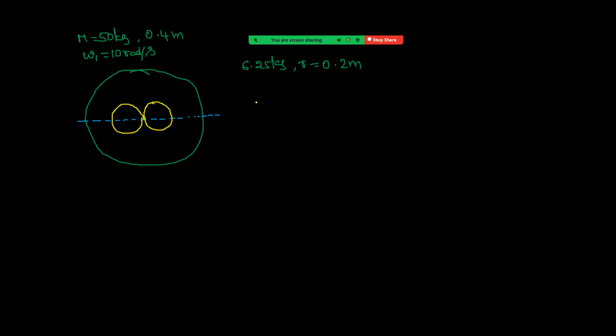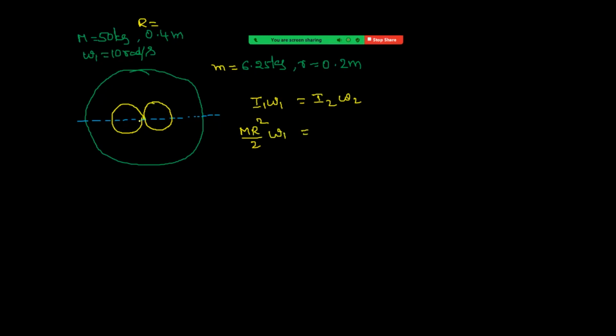So just writing here, I1 omega 1 is equal to I2 omega 2. I1, let us take this capital R, and this smaller r. See what is I1? It is a disk, right? Disk about its own axis is mR square by 2. Omega 1, that is given.